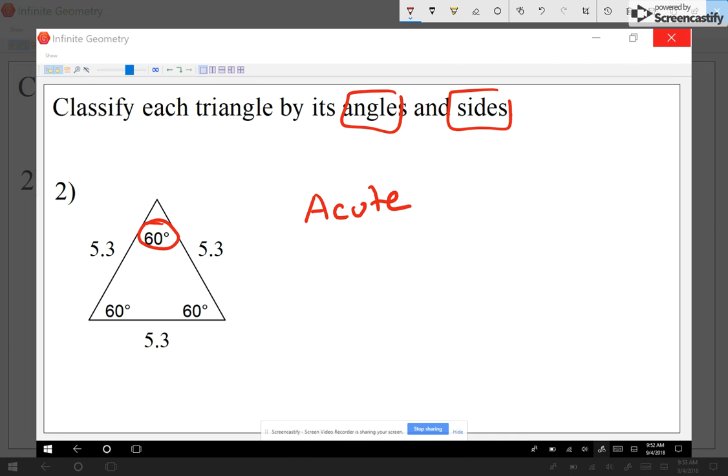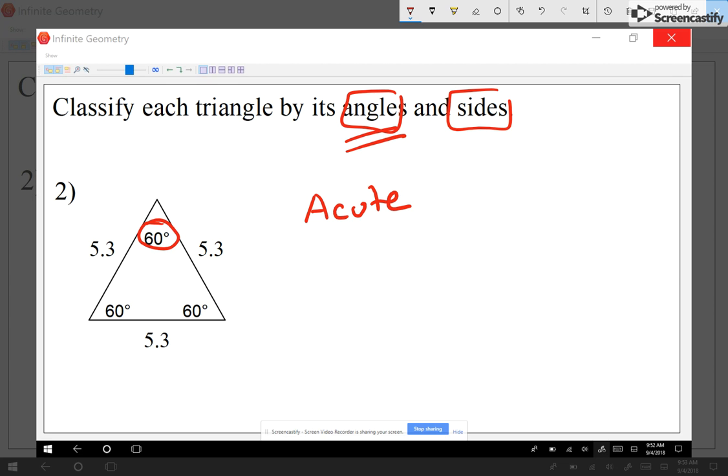When I'm classifying the triangle by the angles, once again, I'm just looking at angles right now, it gets the name of the biggest angle. So if the biggest angle was more than 90, obviously I will call it obtuse. If my biggest angle was 90, then I will go right. I'm giving the name of the biggest angle. In this case, 60, which is acute.